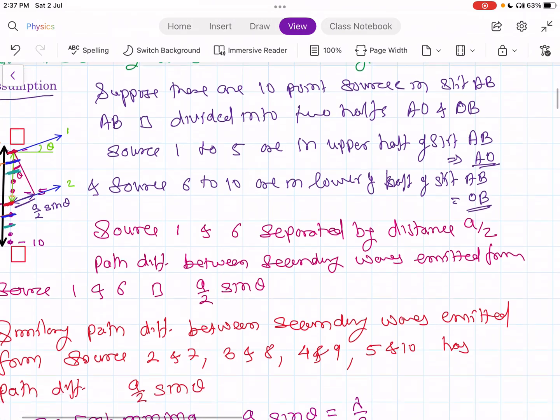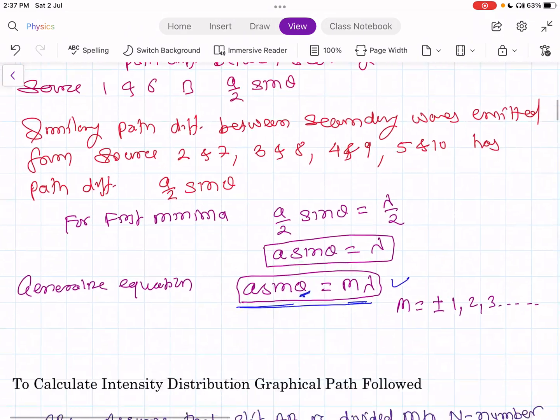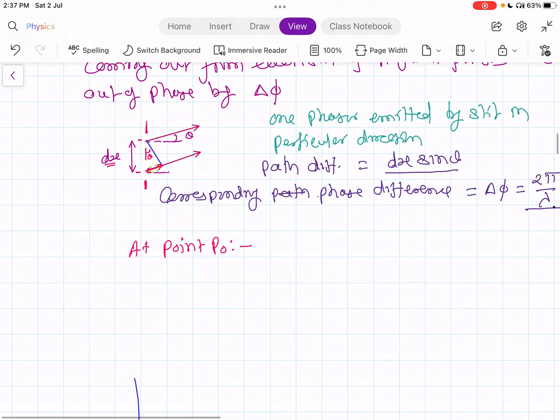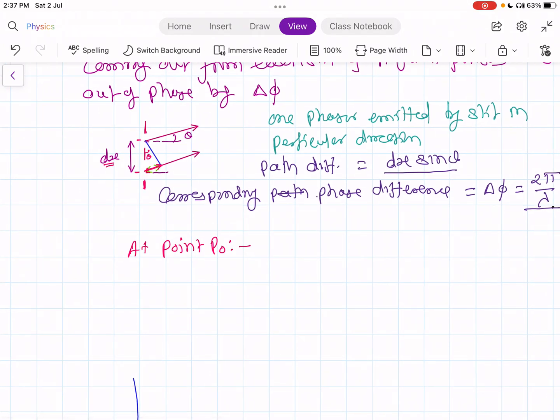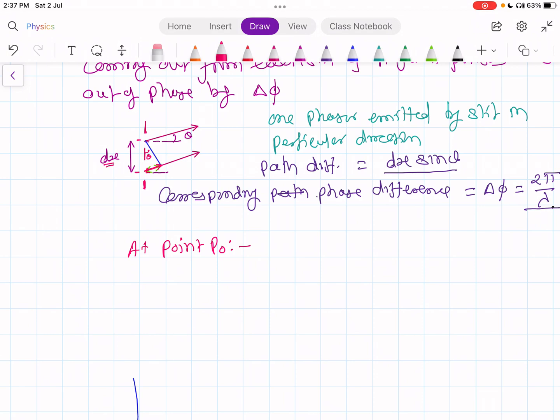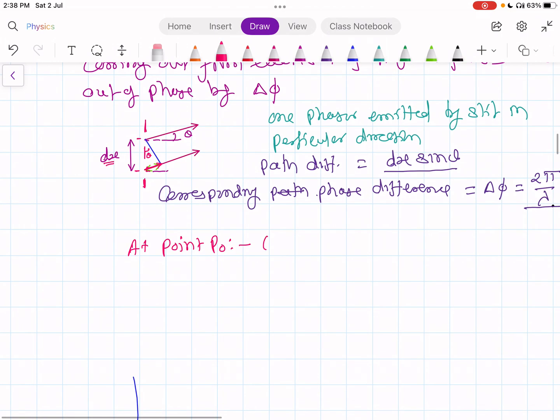But the angle theta between the adjacent phasors is zero, because all those secondary waves making an angle zero reach point P naught.